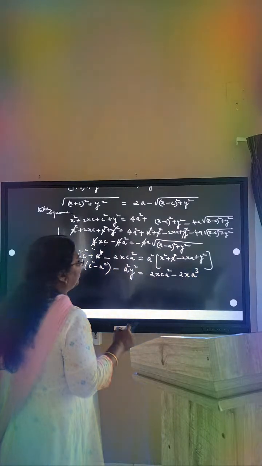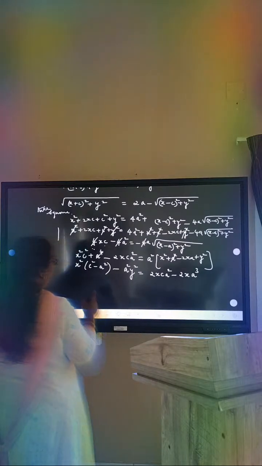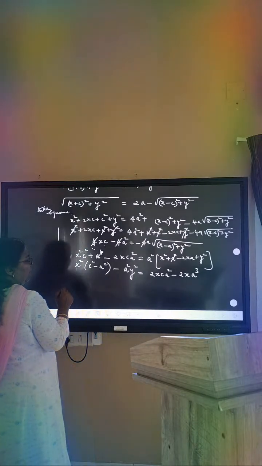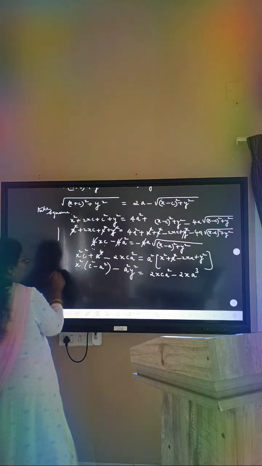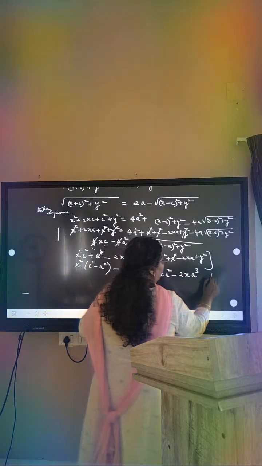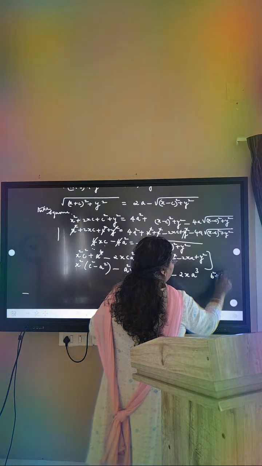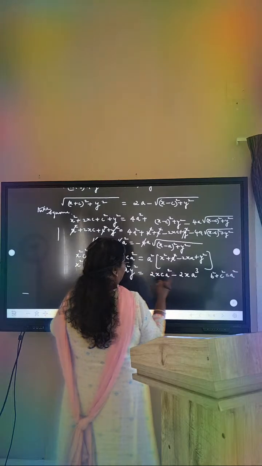Now we have a relation we already saw: b square plus c square is equal to a square, or c square minus a square is equal to minus b square.